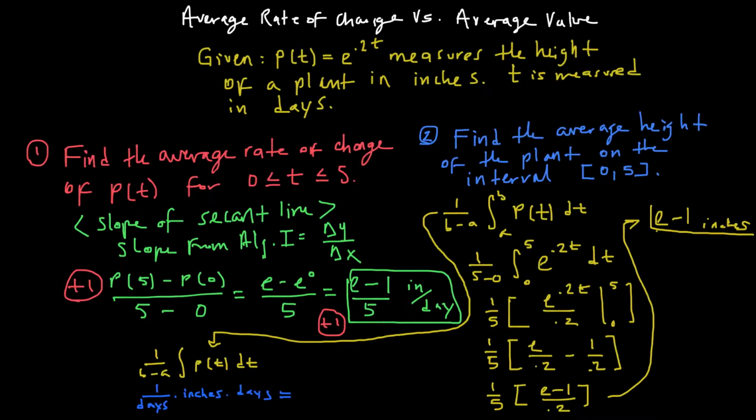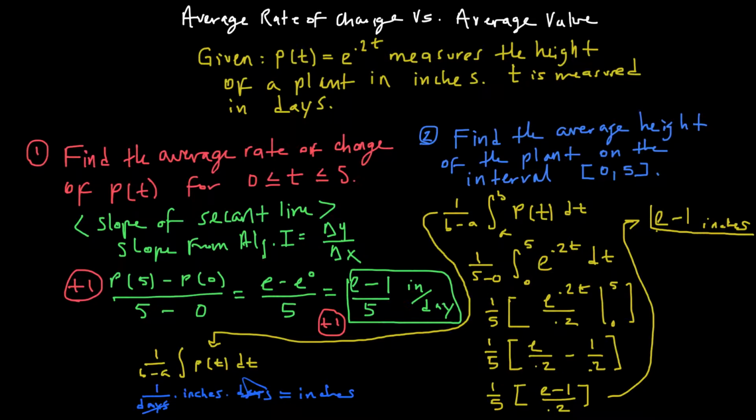And so then you can see that when you take these days and you divide by these days, they'll cancel out, and the only thing left is inches. And this is the formula we used for average value. So when you do take the integral, whatever answer you get should be in inches. You can always do this dimensional analysis to figure out what the units are.